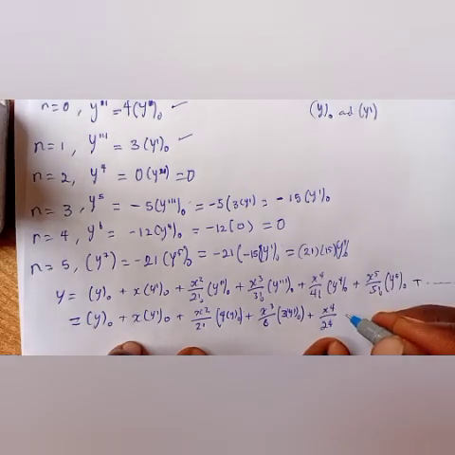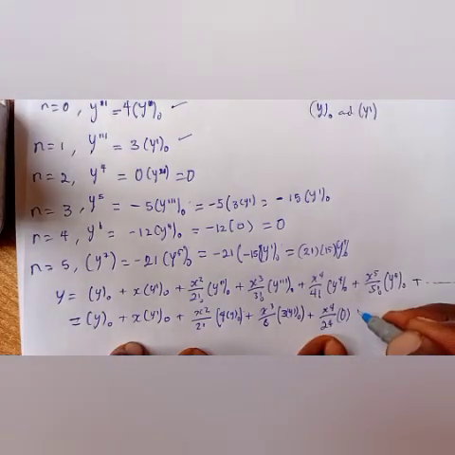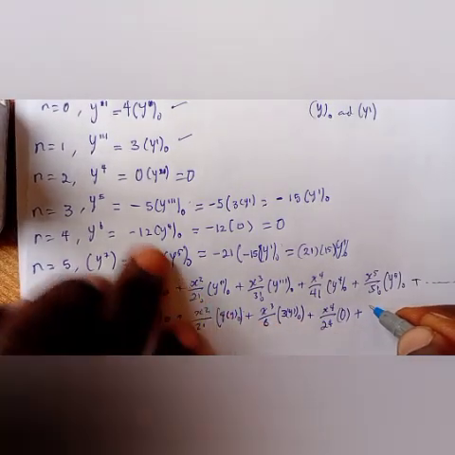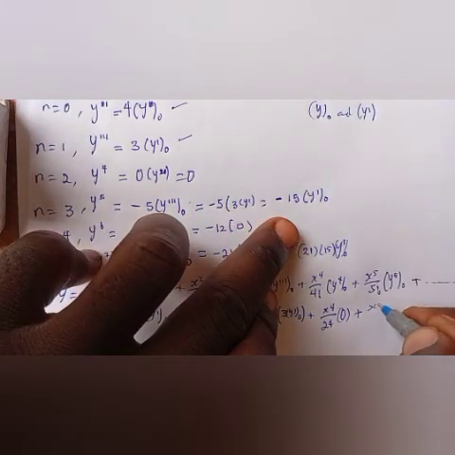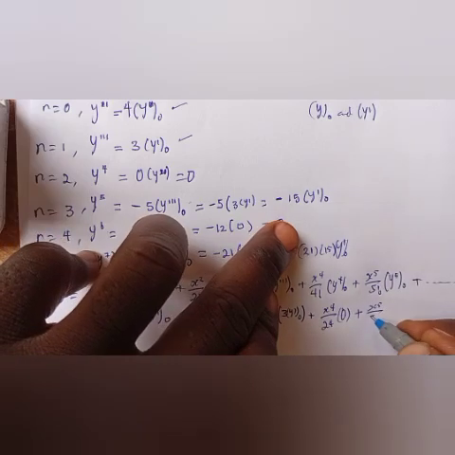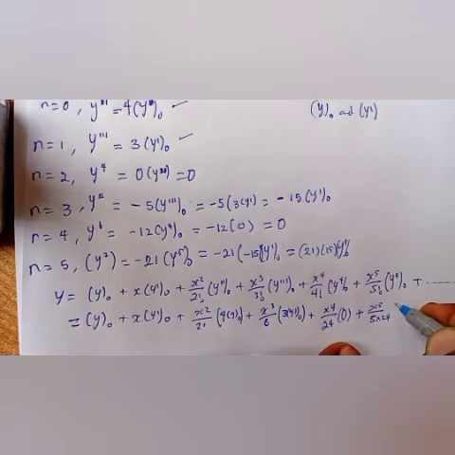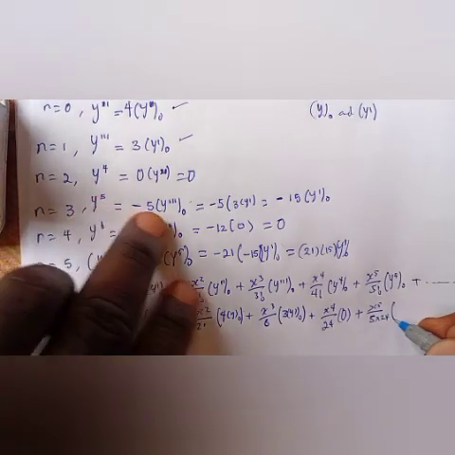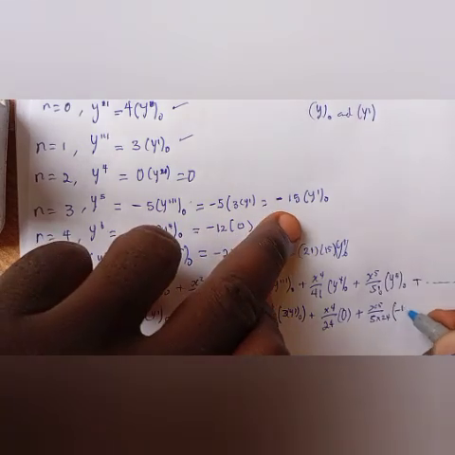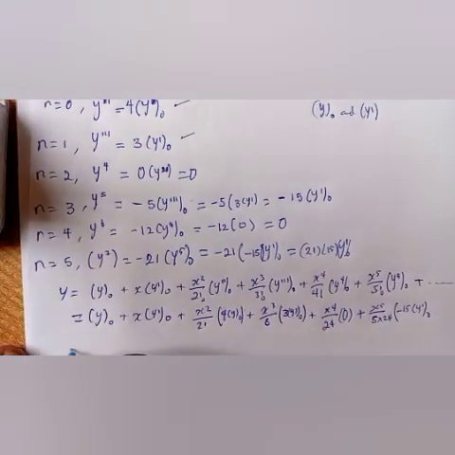Then we have y4 is 0, and anything multiplied by 0 is 0. Plus, what is y5? We have x raised to power 5 over 5 factorial, or 5 times 24, multiplied by our y5, which is minus 15 y1(0).